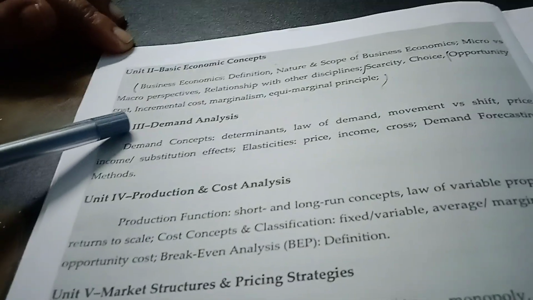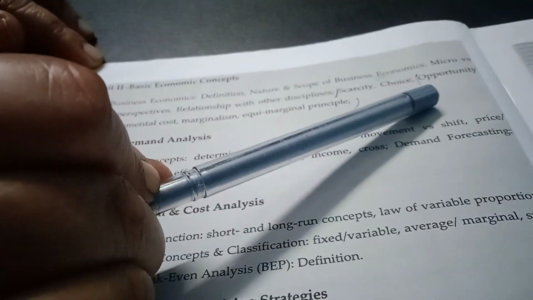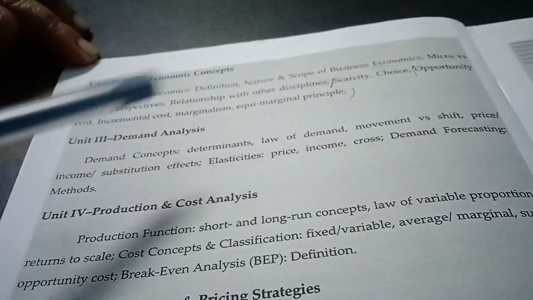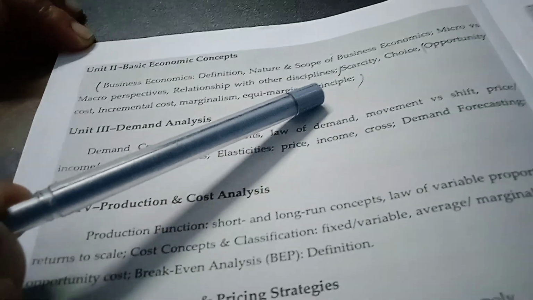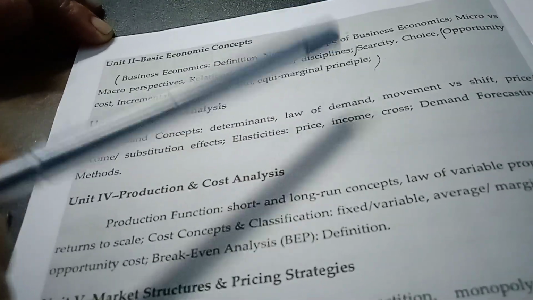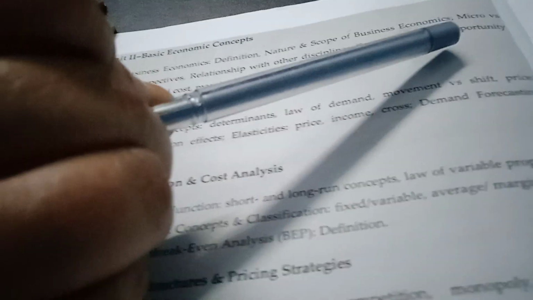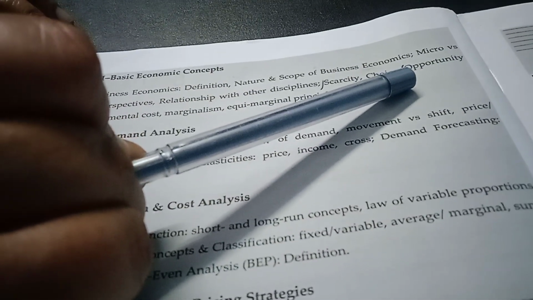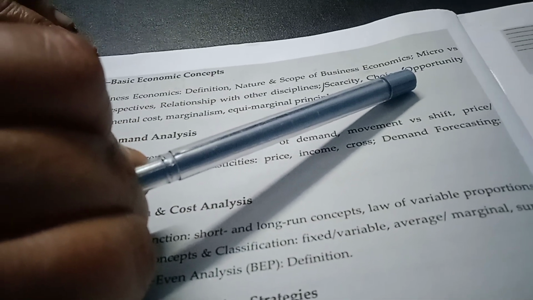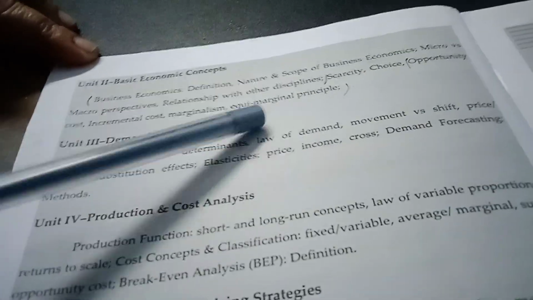Expect a short note on opportunity cost, which is very important and most expected. Next we can expect the equimarginal principle also. As per my suggestion, for chapter 2 go for the 4 marks question, or one 12 marks question, covering theory of business economics.